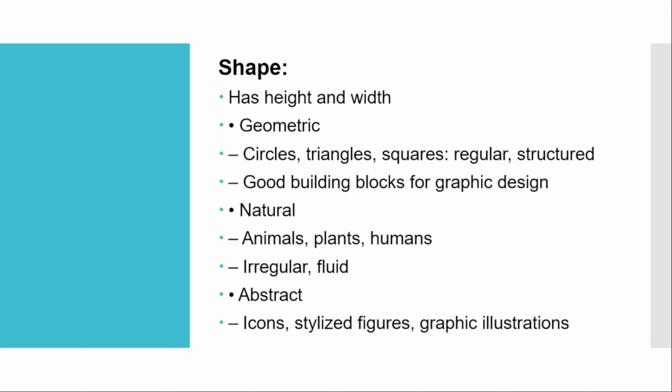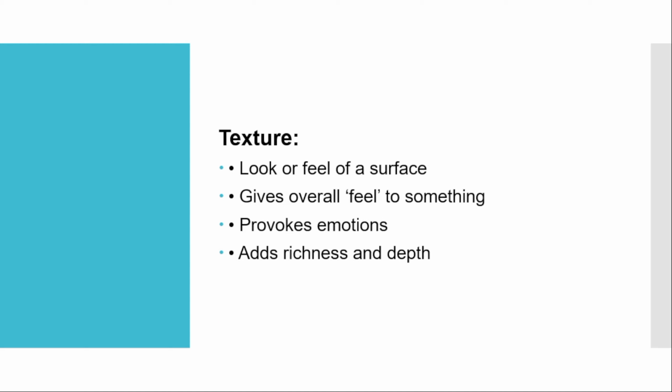We also have different types of shape: regular, irregular, and abstract. Irregular shapes are natural, like the shapes of animals, plants, and humans, which don't have a definite shape. These are called irregular or fluid shapes. Then we have the abstract shapes, like icons, stylized figures, and graphic illustrations.